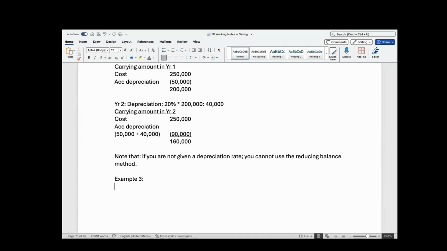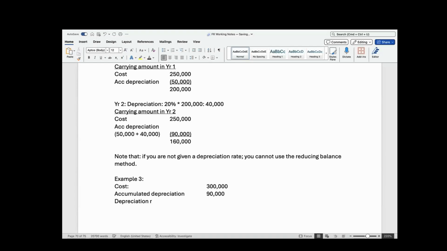Now, another example under this: if you have the cost of an asset as 300,000 and accumulated depreciation as 90,000, and let me use depreciation rate, it is more flexible.